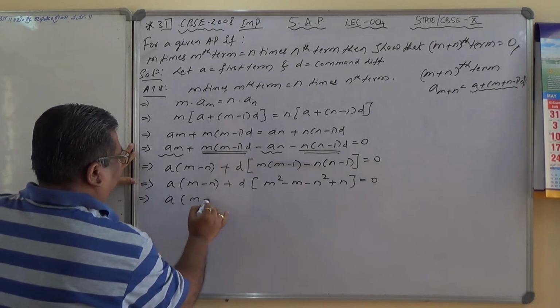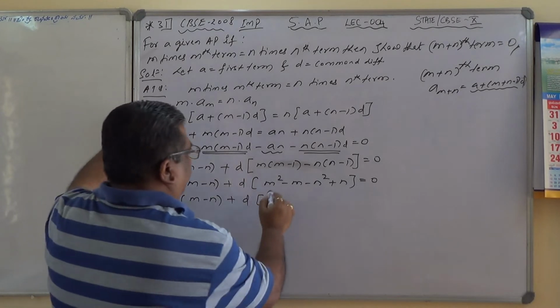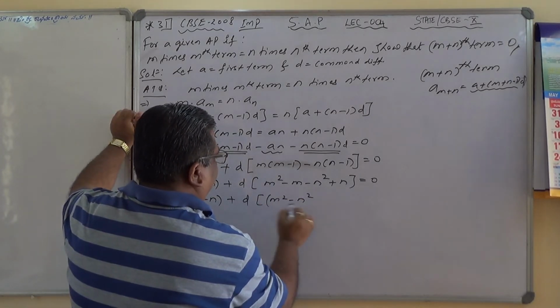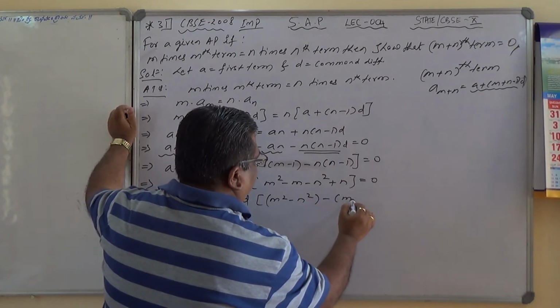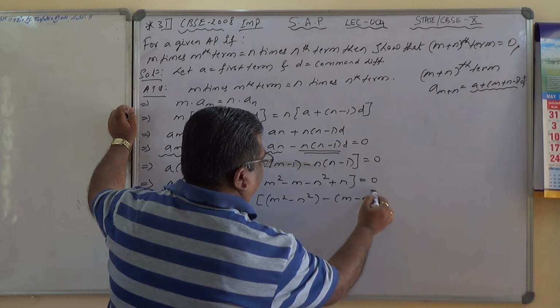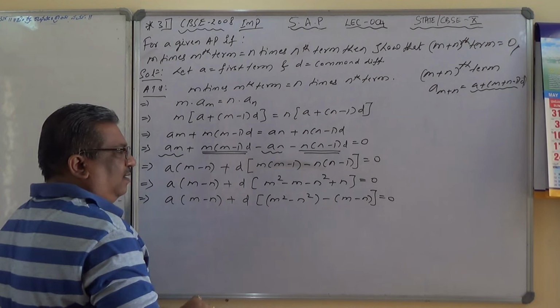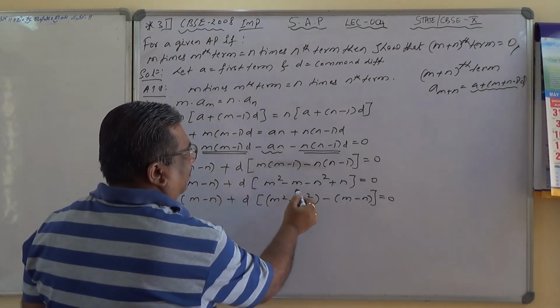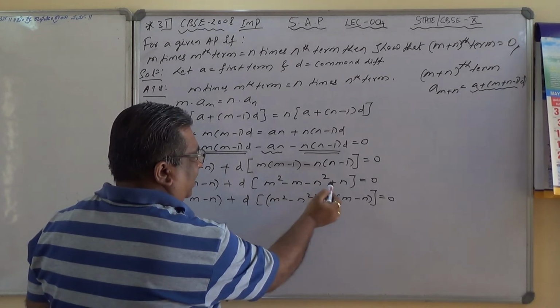A times m minus n plus D here, m square minus n square, I'll write into bracket, minus m minus n. So m square minus n square I have taken, clubbed together and put into bracket, and this minus m minus n, I have taken out of minus m and plus n.